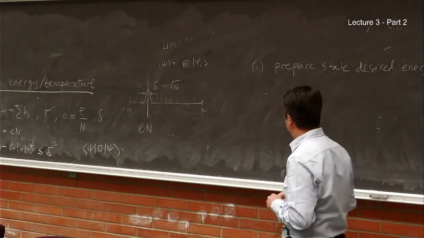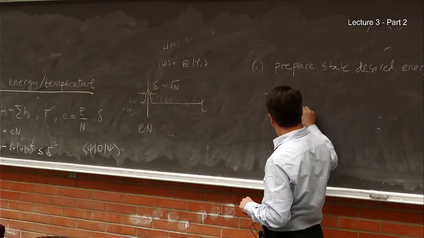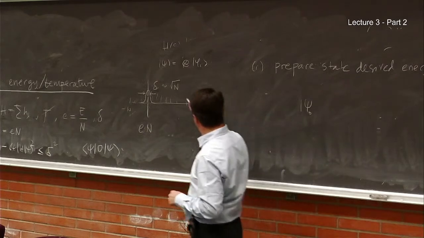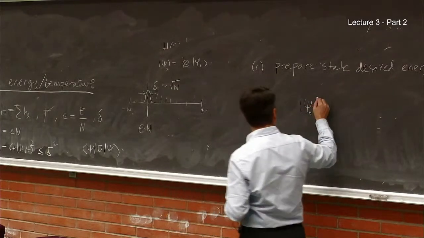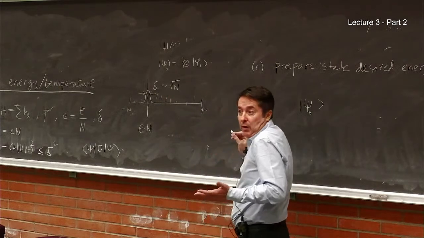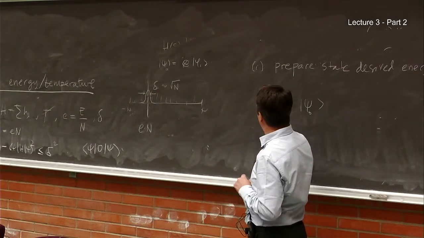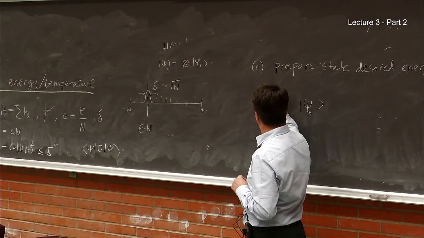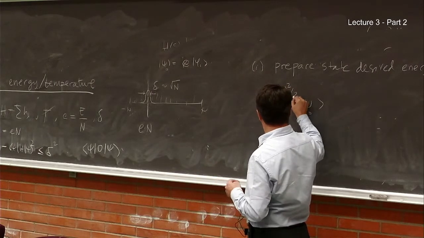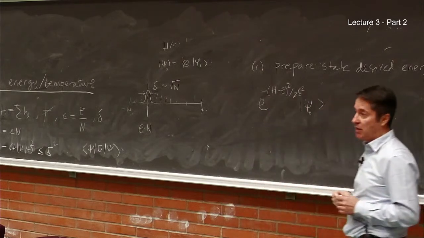So what can be a filter? What we can do is take our initial state, this product state, let's call it psi 0, and filter with delta. Mathematically, I apply e to the minus (H minus the desired energy) squared divided by 2 delta squared. That's a Gaussian filter.